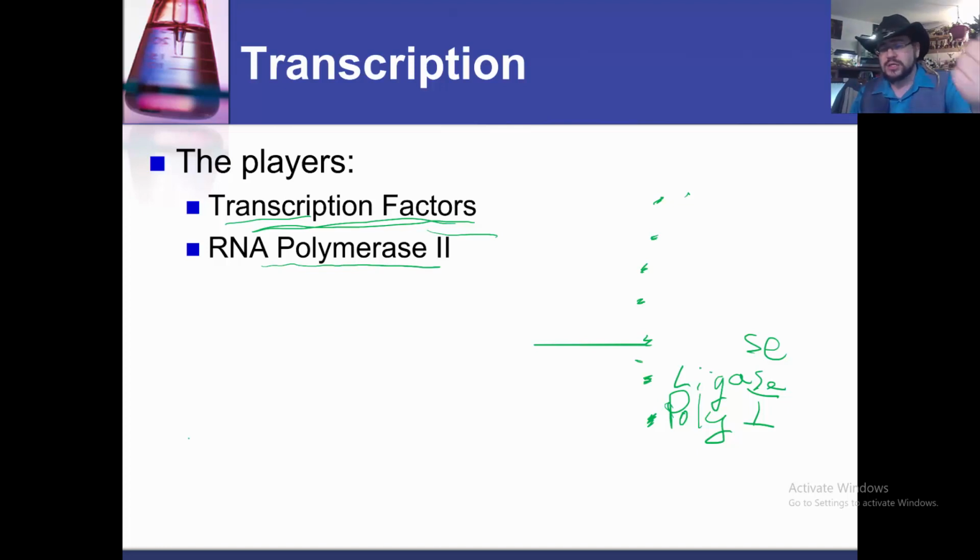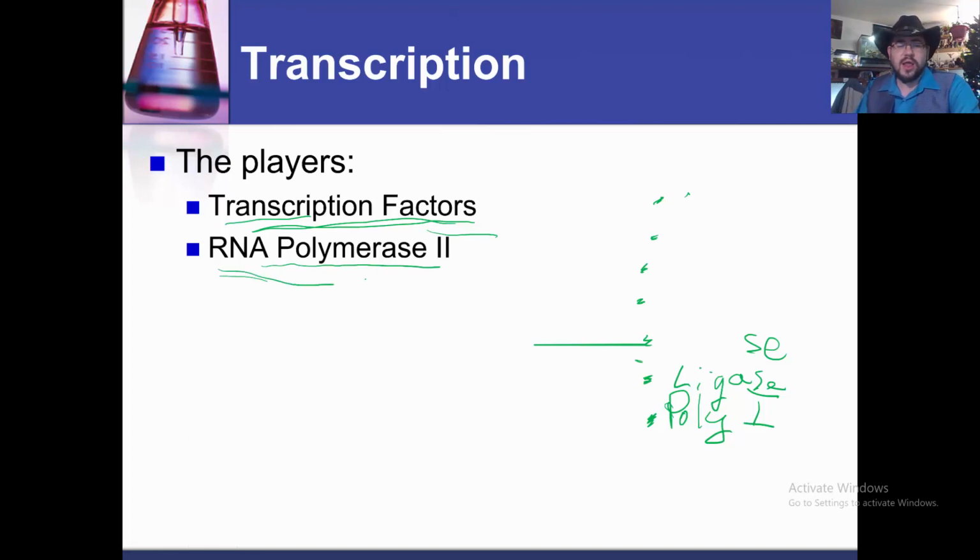That's right. It's topoisomerase. It's helicase. It's primase, polymerase III, polymerase I, ligase. It does it all itself, my friends. That is 7 in 1. Call now, right now, to get RNA polymerase II for all your transcription needs. And if you call right now, we're going to double that RNA polymerase II and give you 2 RNA polymerase II for the low, low price of $19.99. Call now. Supplies are limited.